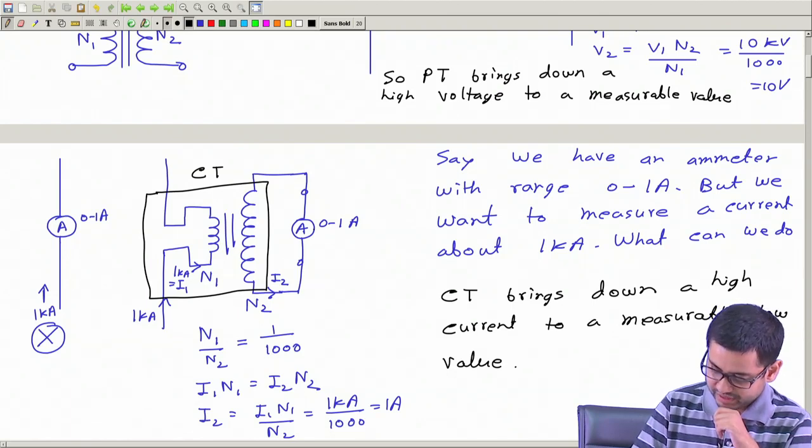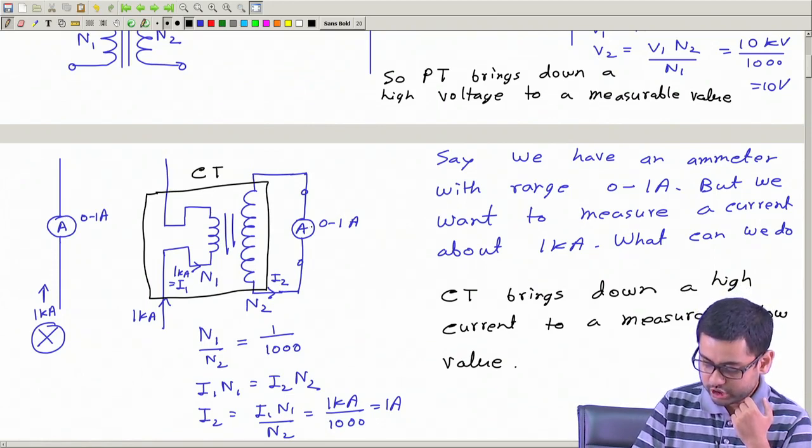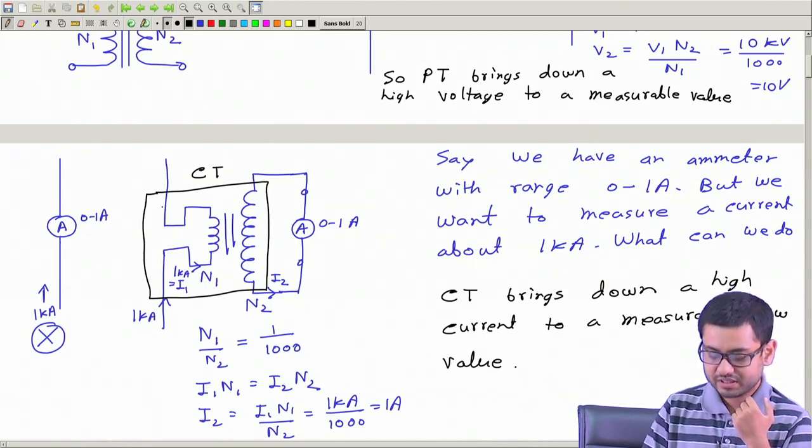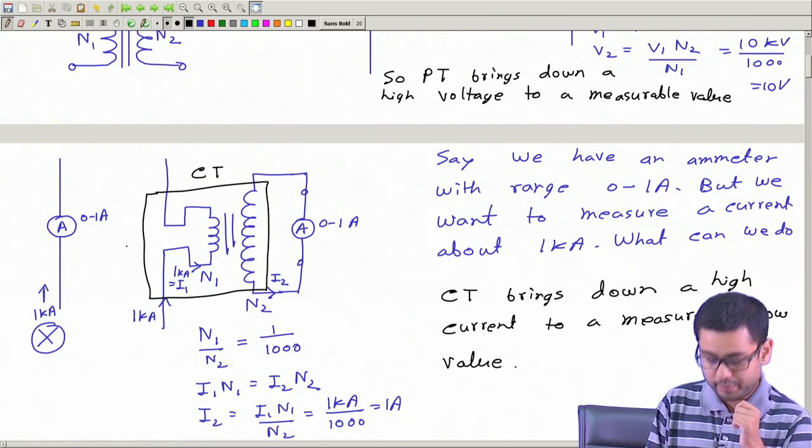So if you want to change this ammeter for any reason, you do not have to operate with this 1 kiloampere line. You can do everything on the secondary side. If we had the ammeter connected directly in this 1 kiloampere line and wanted to replace it, we would have to disconnect this power supply, this current line, and then insert a new ammeter, which we do not need here.